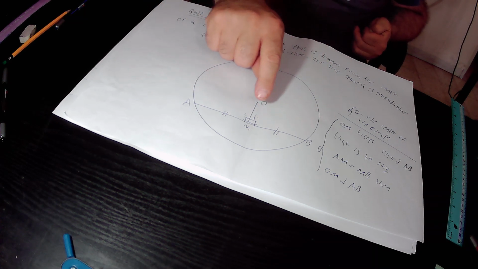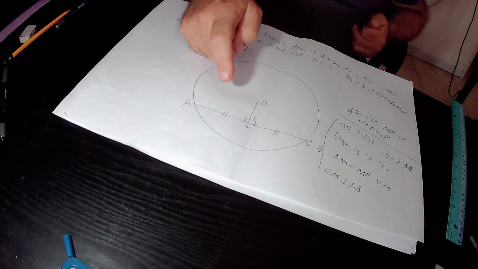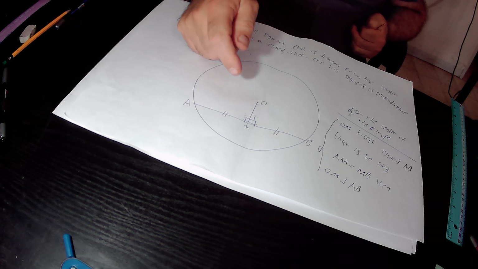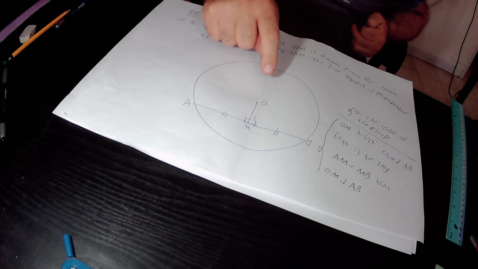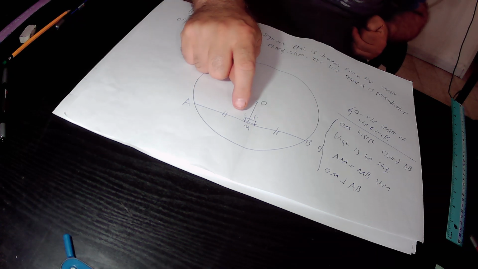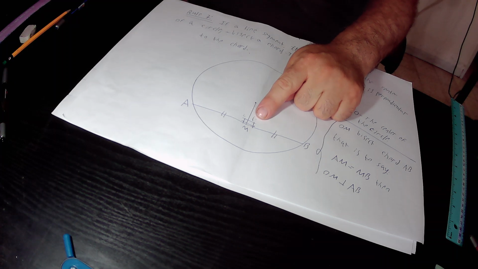That is to say, MA equals MB. And because OM bisects chord AB, OM will also be perpendicular to chord AB. If OM is perpendicular to AB, it means that this angle equals 90 degrees, and this angle also equals 90 degrees according to rule 7.